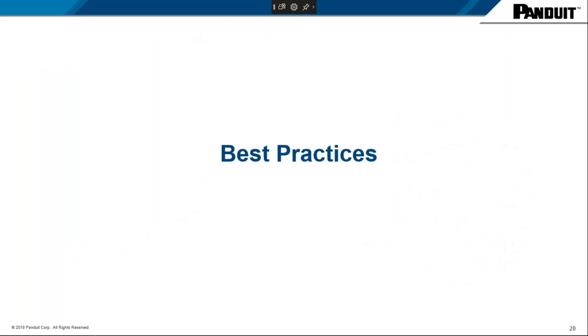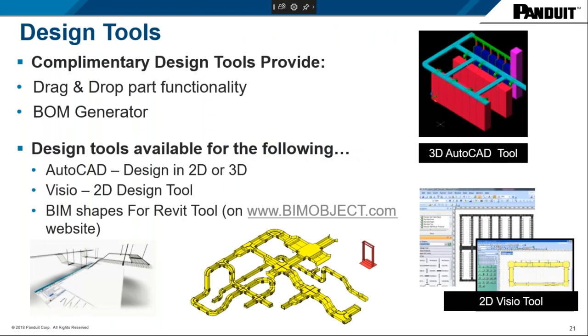And I wanted to go into some of the best practices. So as you're going on the web and looking for those much needed design tools, we do have Visio, we do have Revit shapes, we have CAD designs that are out there that are readily available to our customers. We have had FiberRunner and our Wyr-Grid offering for quite some time now, so all the shapes are readily available.